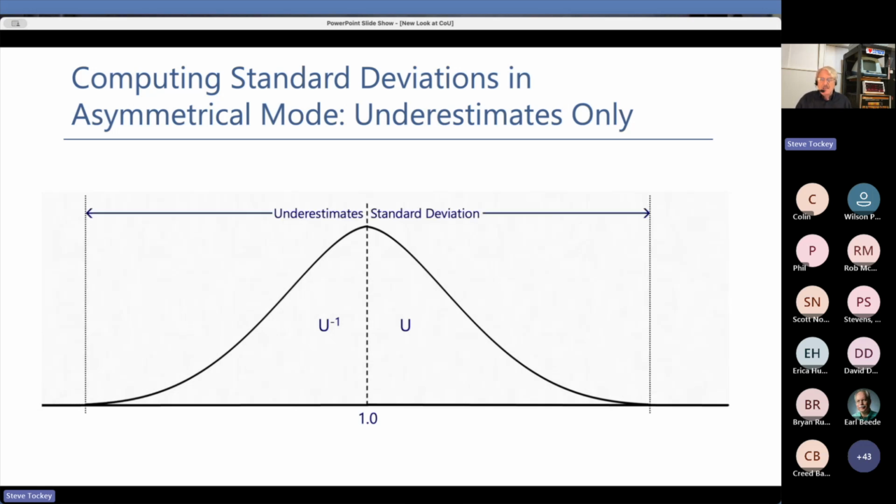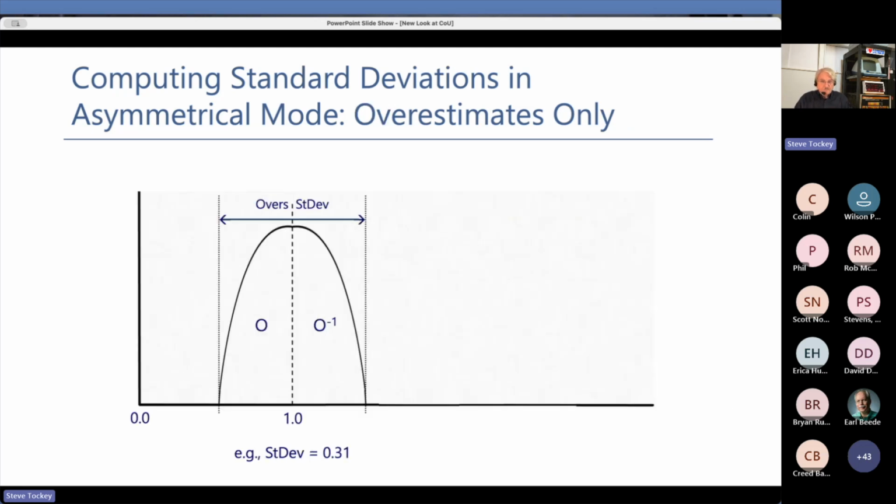And let's say that gives us a standard deviation of 0.78, which is much bigger than the 0.42 that we were getting with the off-the-shelf standard deviation. But we're going to play the same game on the overestimates. We're just going to take the overestimates, inverse them, and then run a standard deviation on that. And let's say we get 0.31.